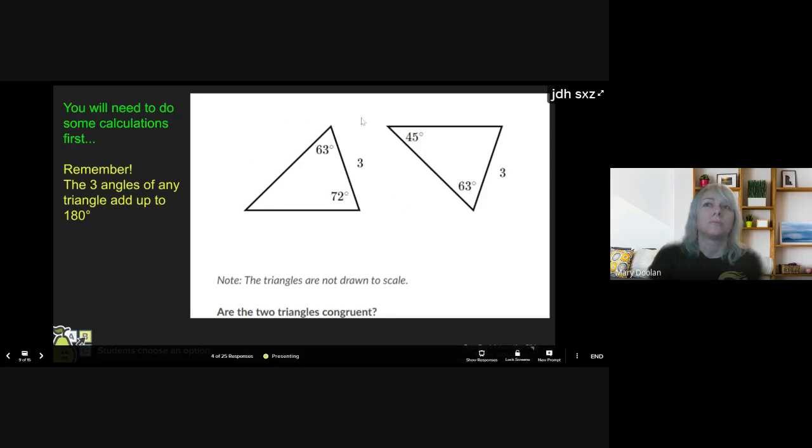So right now, there's not a theorem that we can use just looking at this, but can we do some calculations since we know the three angles inside a triangle add up to 180 degrees to maybe use one of those theorems that we have?